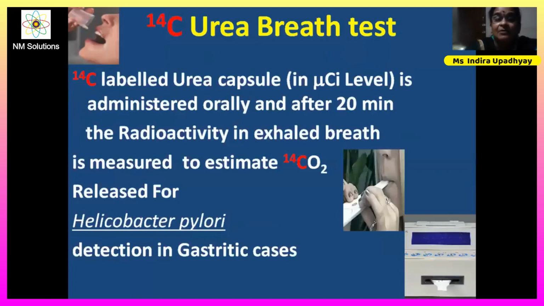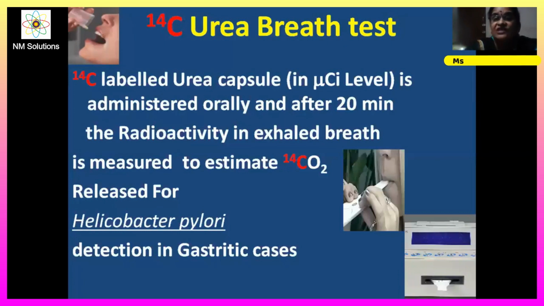A 14 carbon labeled urea capsule, again in microcurie, very small level, is administered orally, and after 20 minutes, the radioactivity in exhaled breath is measured to estimate the 14 carbon dioxide released, and this is to get an idea of the gastritic cause in the patient, whether it is by Helicobacter pylori, which is urease positive.